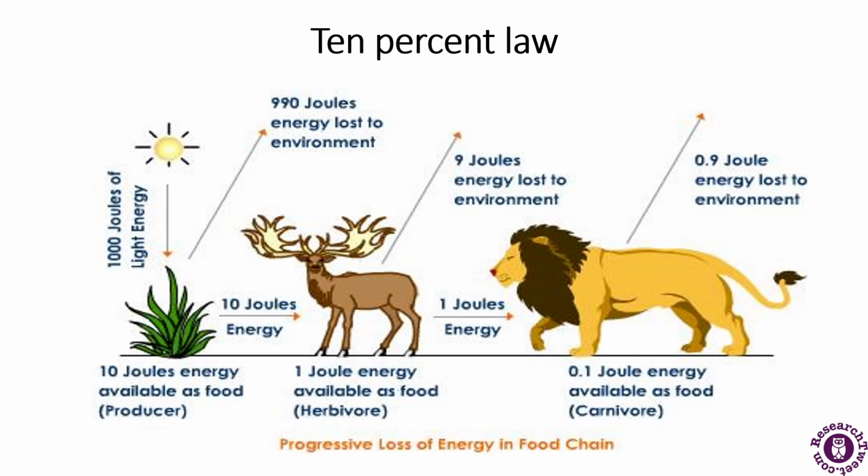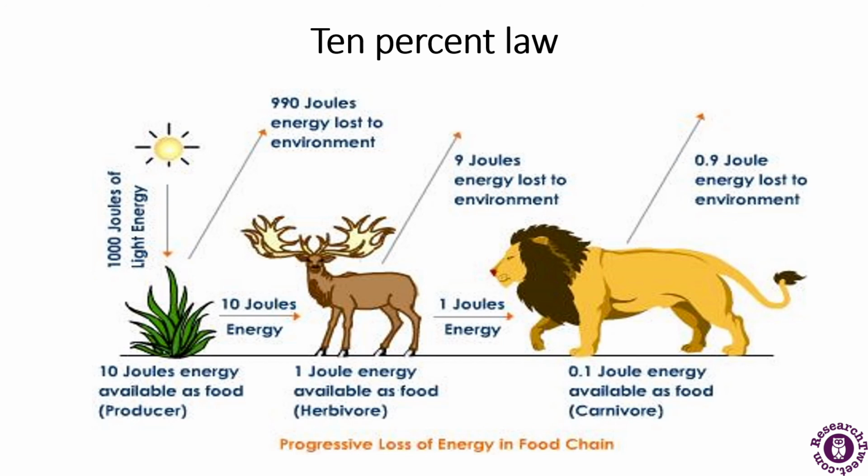So here you can see there are 100 joules of light energy which the plants are getting from the sun. That results in 10 joules of energy which is available as food for the producers. After this, 90 joules is lost to the environment, and there are 10 joules of energy which go to the animals.